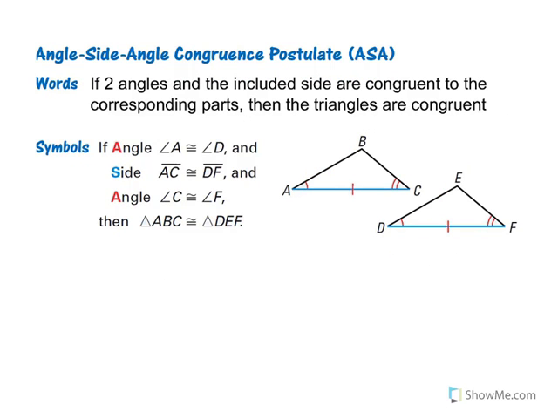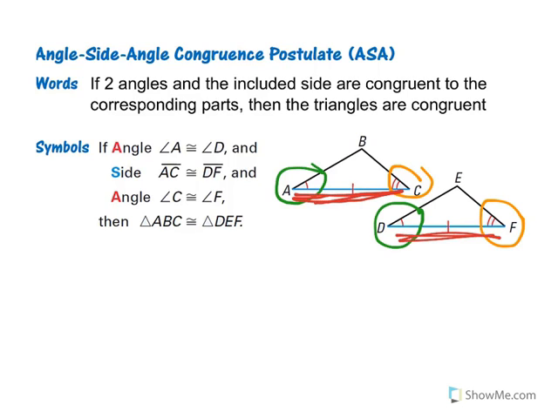Our next one is called the angle-side-angle congruence postulate, or ASA for short. This says if two angles and the included side are congruent to the corresponding parts, then the triangles are congruent. So angle A is congruent to angle D. Angle C is congruent to angle F. And then the side that they make, in this case AC and DF, they are congruent.